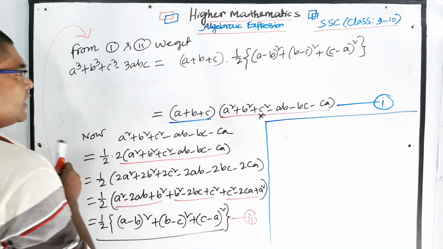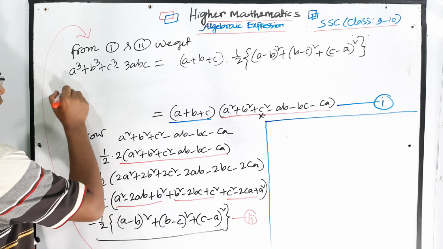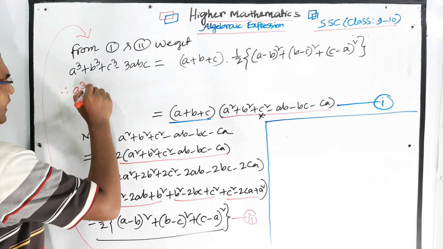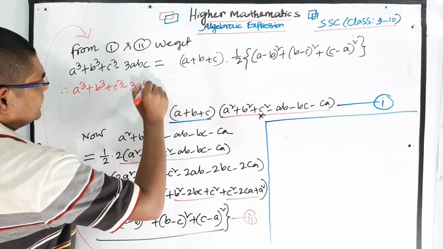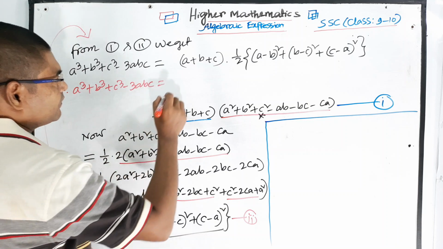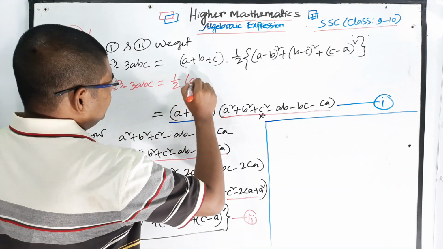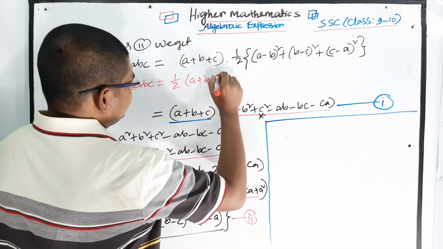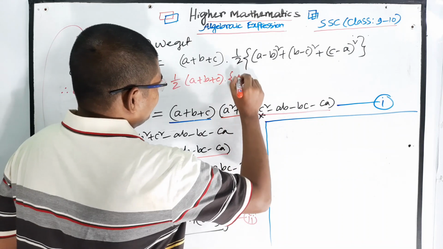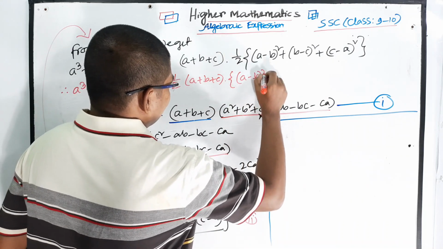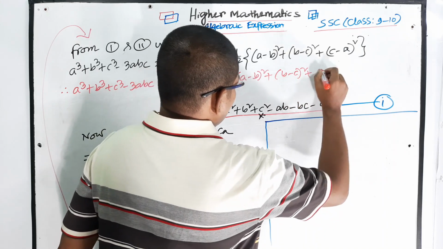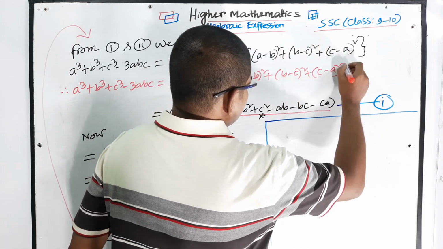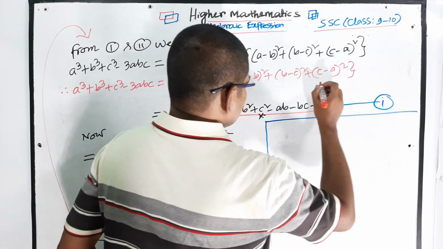Therefore we can write a cube plus b cube plus c cube minus 3abc equal to half into (a plus b plus c), (a minus b) whole square, (b minus c) whole square, (c minus a) whole square.